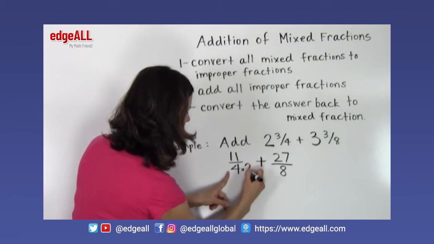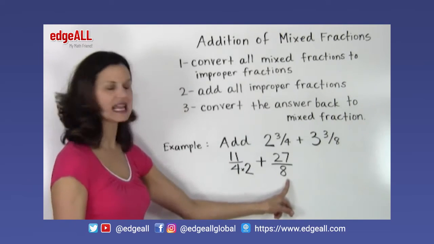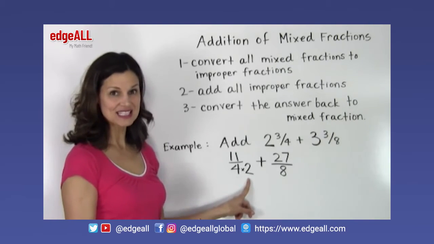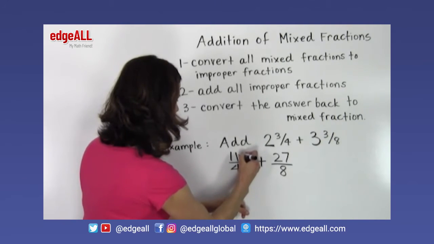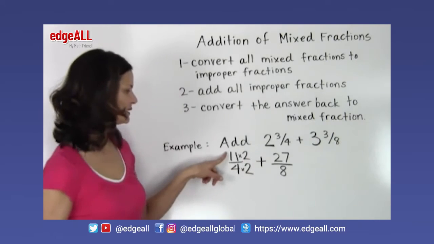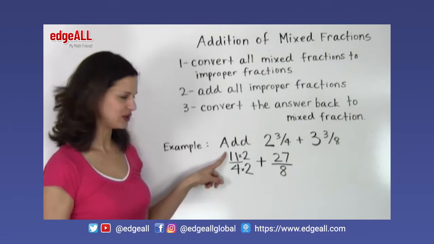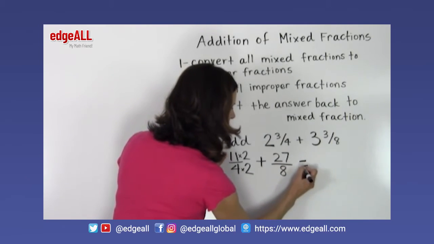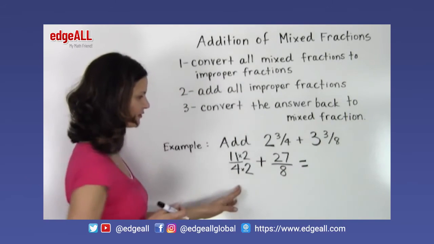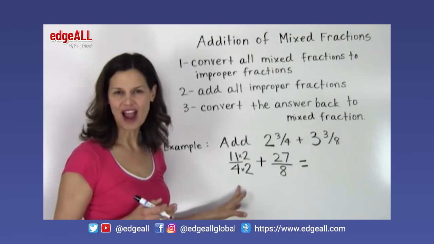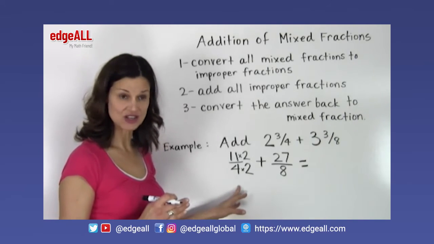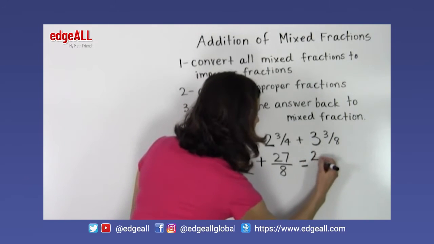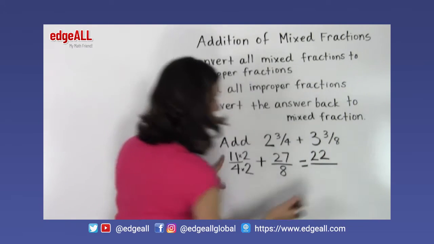So 4 times 2 is going to give me an 8 in the denominator. But remember, whatever I do to the denominator, I must do as well to the numerator. So I need to multiply my 11 by 2 as well. So now I can rewrite my two improper fractions as two fractions with like denominators. For my first one, I've got 11 times 2, which is 22 in the numerator.